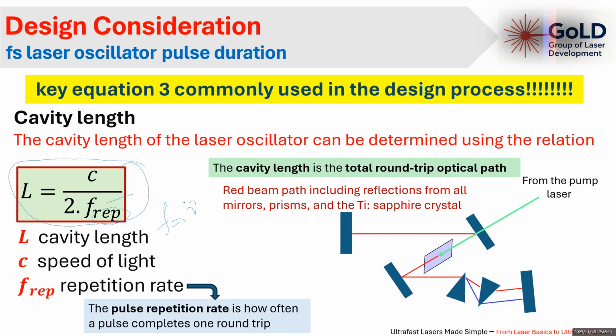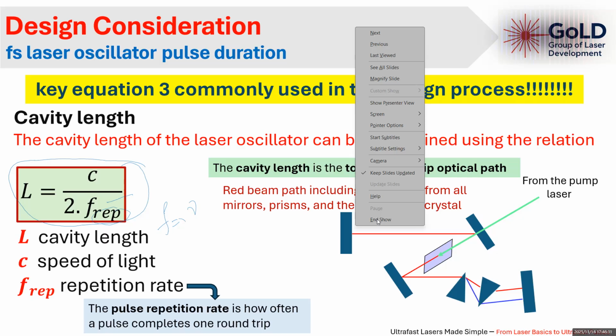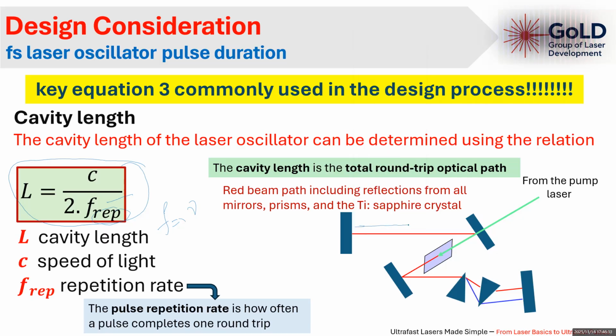Now on the right side, this is the typical configuration of the femtosecond oscillator, which I explained in the last lecture, so you can go back and see. Starting from here, and here, and here, all the way, this is the total length of the cavity.